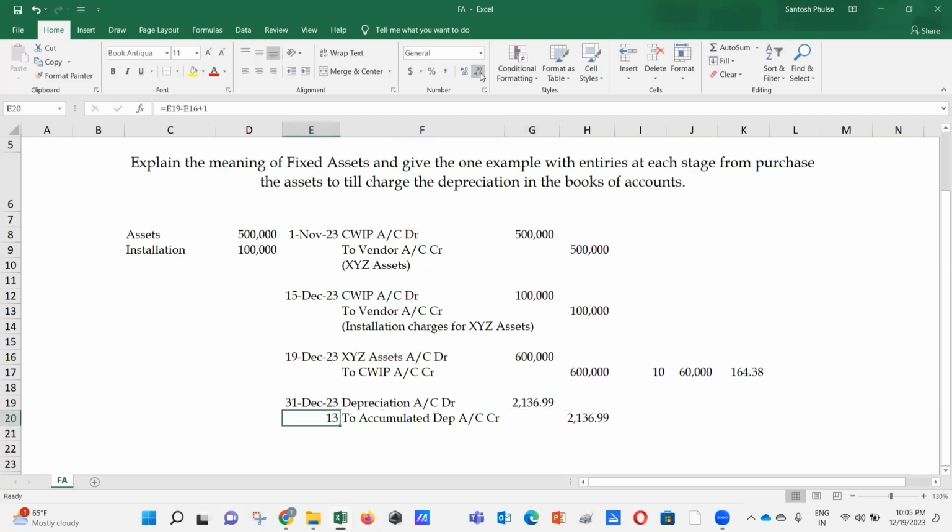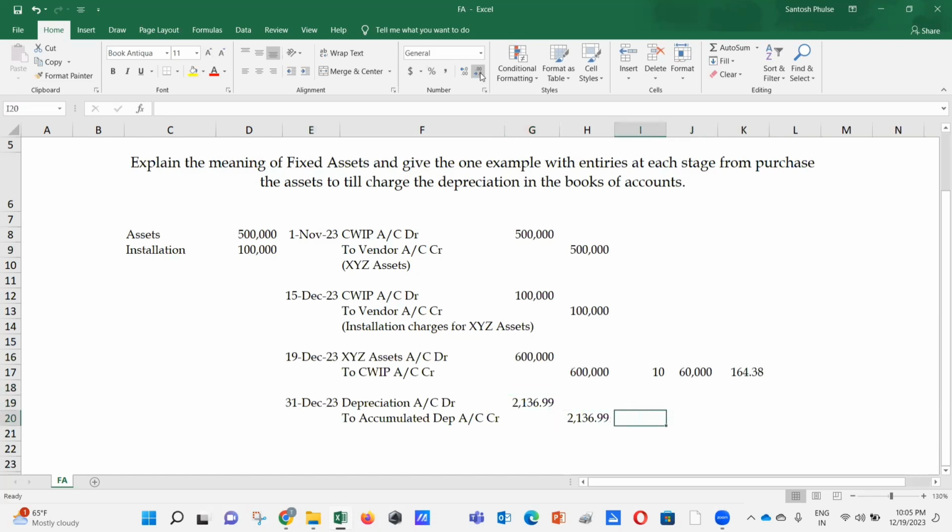So this is the entry you have to pass into the system. Following that, every month end, you have to run the depreciation, and the entry is going to be this one: depreciation account debit to accumulated depreciation. The amount is going to change as per that month.